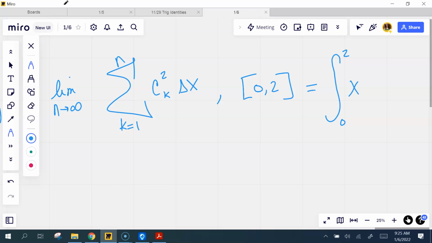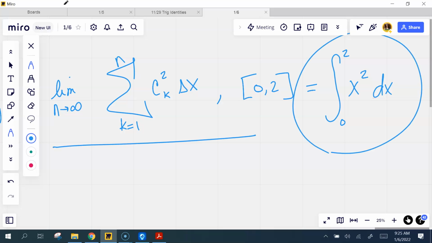My function is x squared. Remember that dx gives me that width each time. This is the same thing. So what you'll be doing tonight is taking them from this to this. I told you, stay with me a minute. There's a reason.